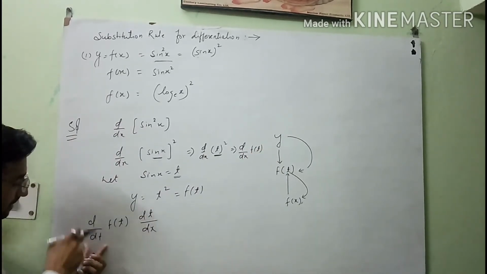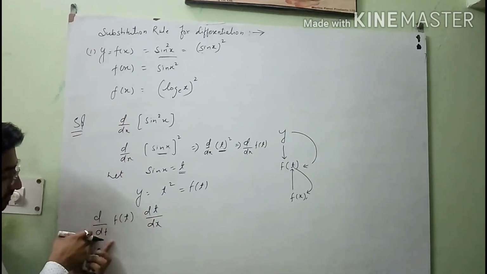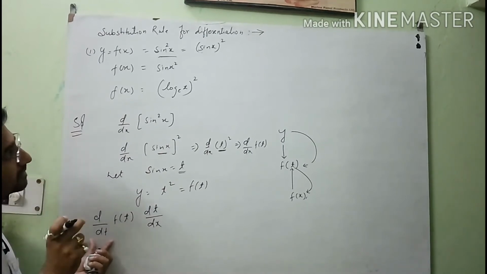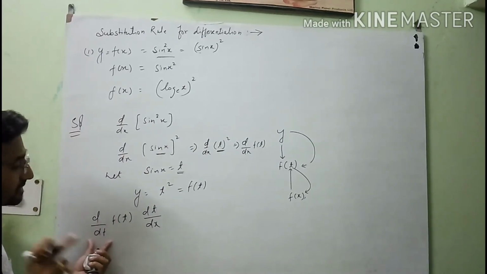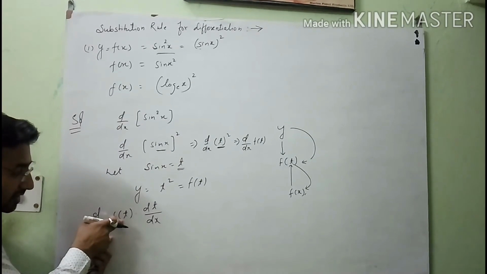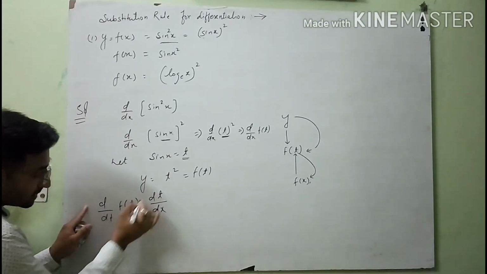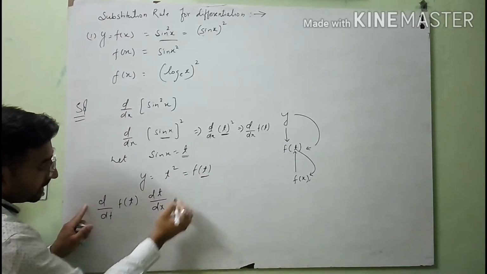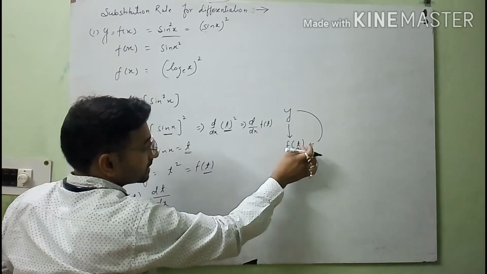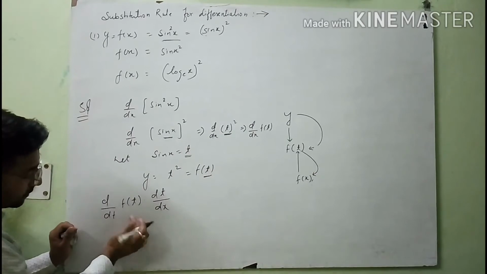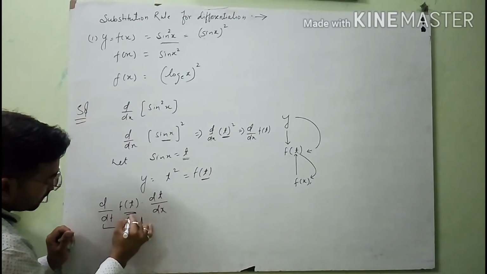So that's why I am saying, this is a typical formula to understand the first time: d/dt of f(t) into dt/dx. First you will differentiate the function, which is now a function of t. First you will differentiate y with respect to t, this is the value of y.